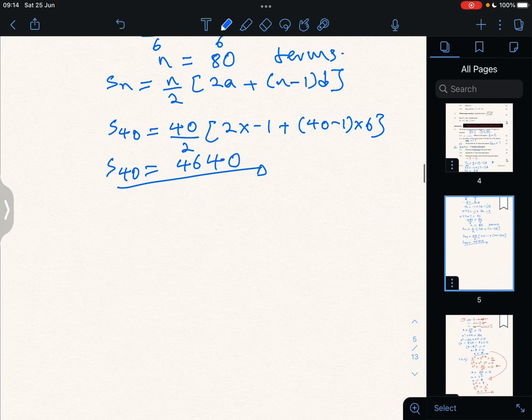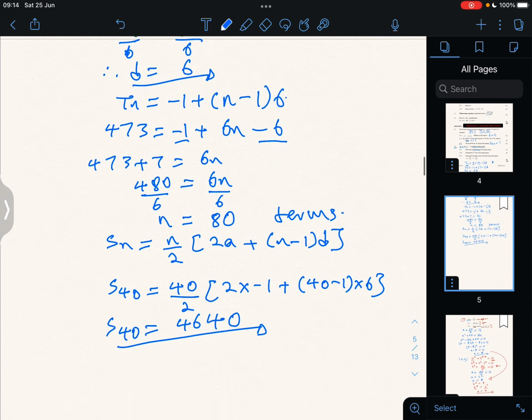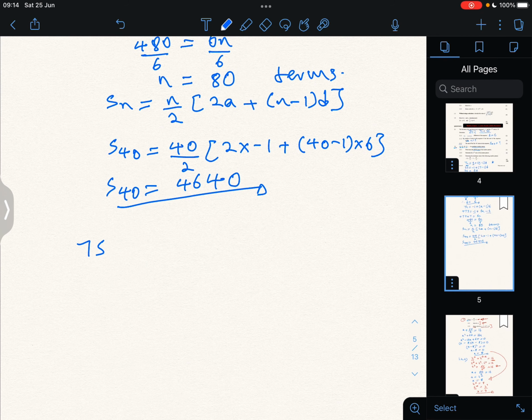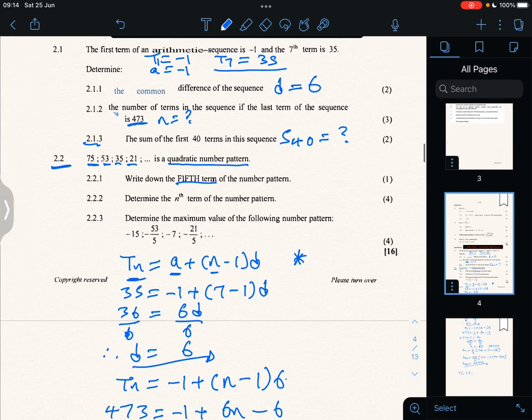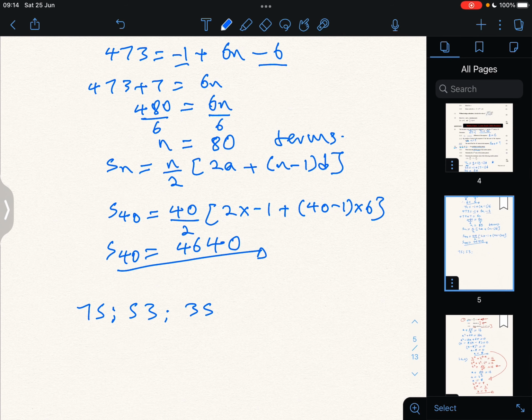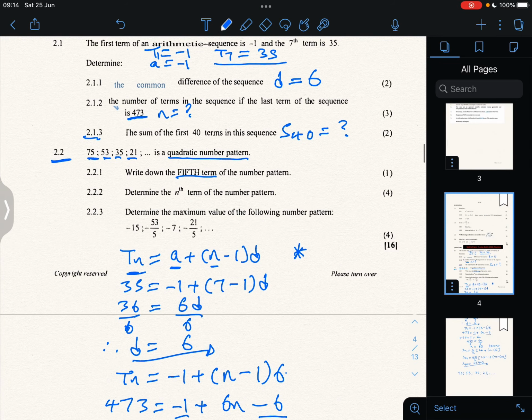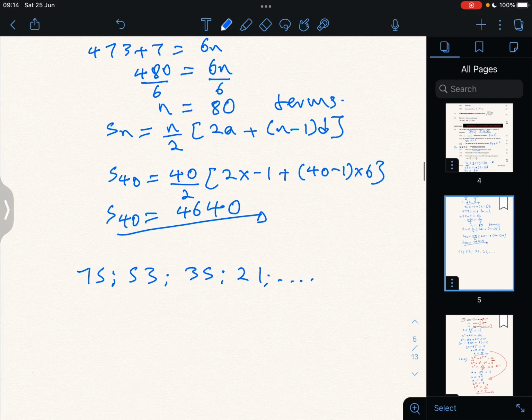Let me write down the sequence: 75, 53, 35, 21. We're looking for the fifth term, the value of T5.